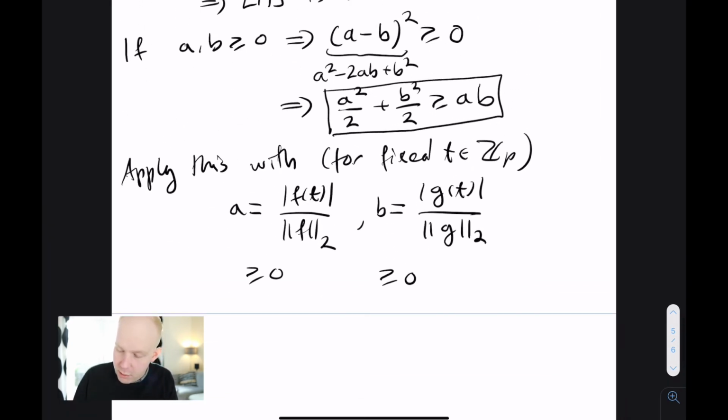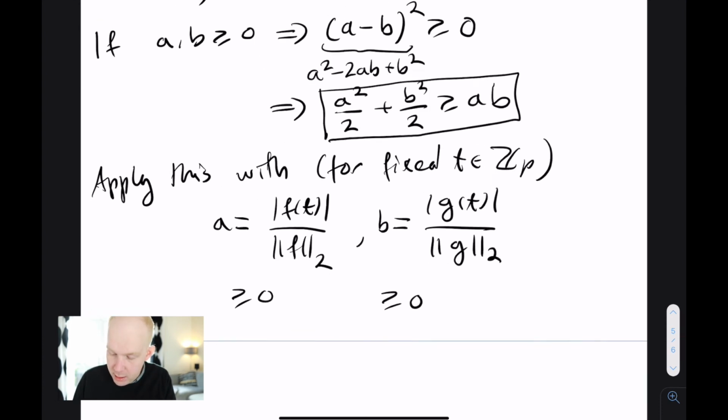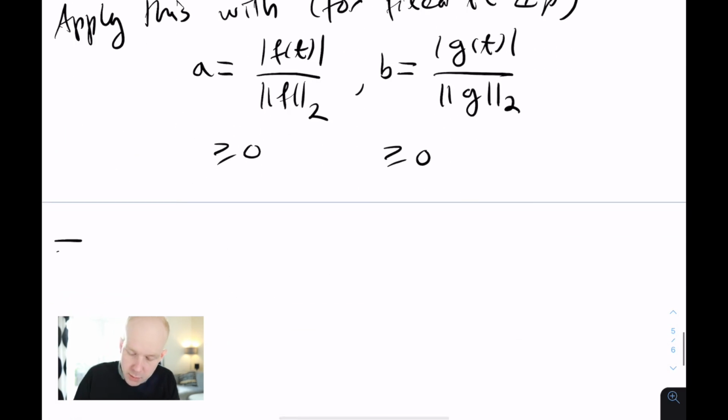So if we apply this inequality with this a and b, we obtain the following.